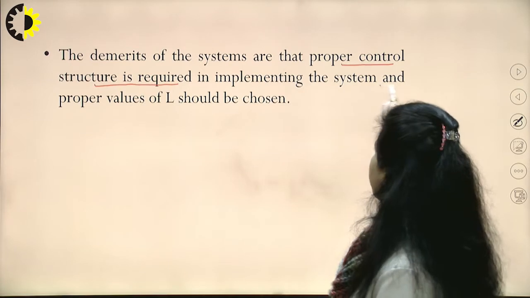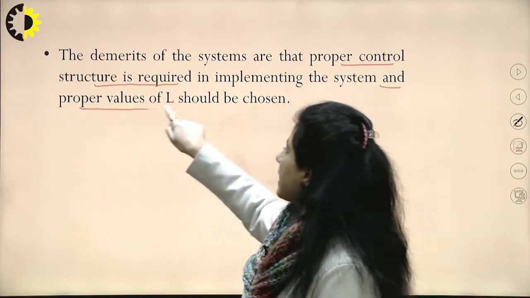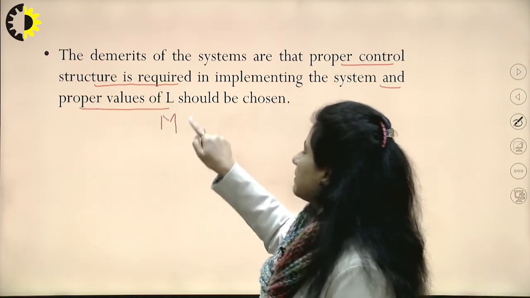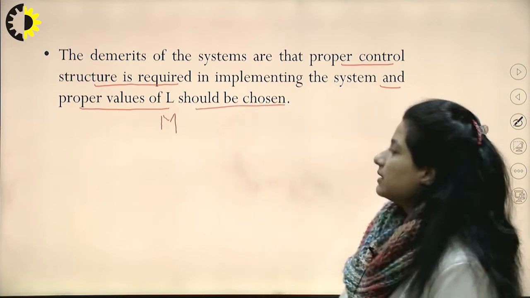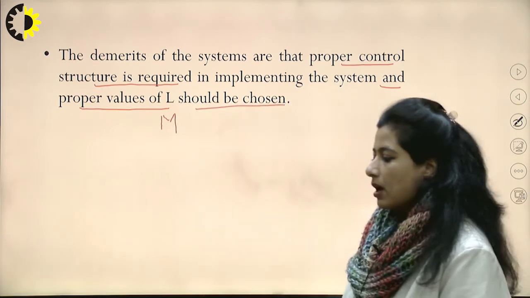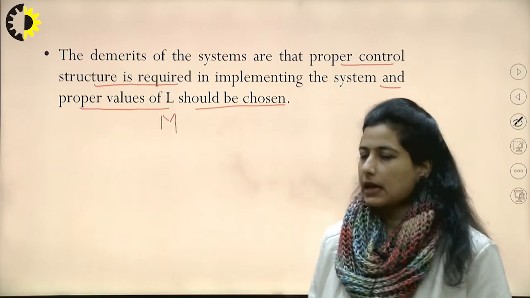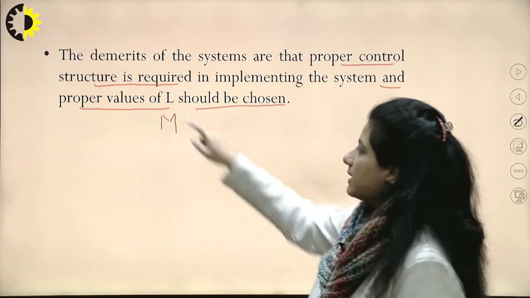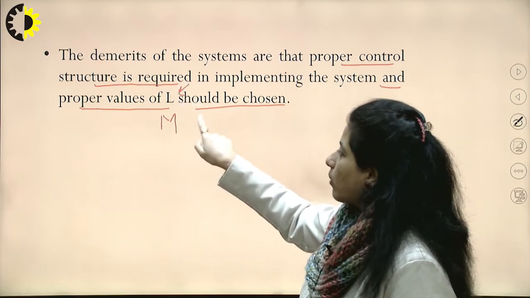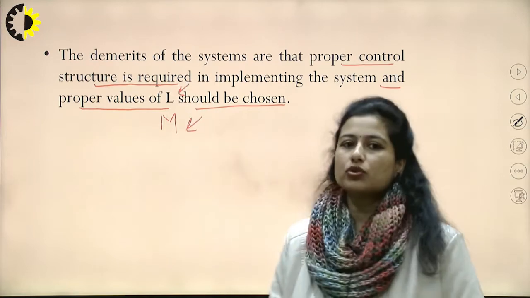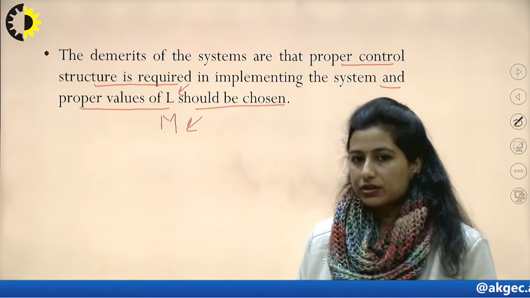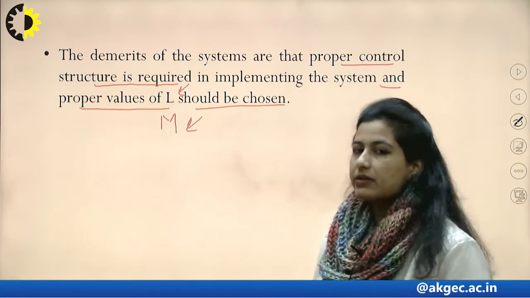Also, whenever I am choosing the value of, say, L or M in the case of a decimator, I would have to take precautions, because many a time when I am creating a cascade structure for reducing the complexity, and I am not able to take a wise decision about what factors of L and M should be made, how small the factors should be, sometimes it has a reverse effect.